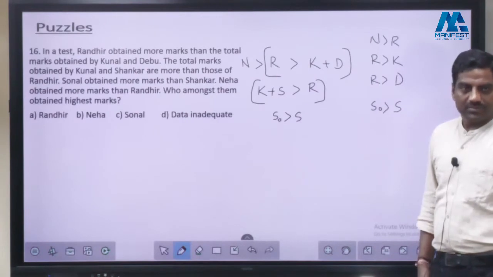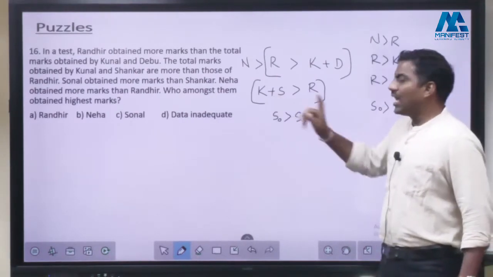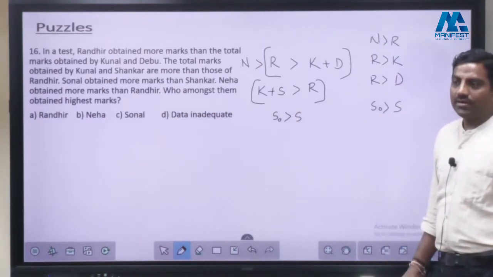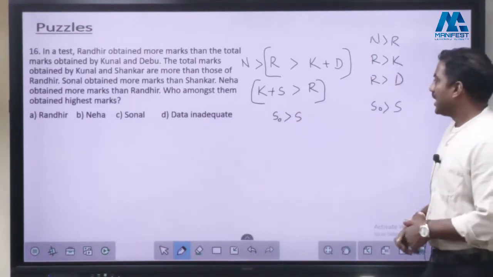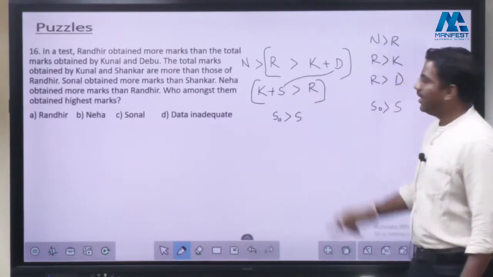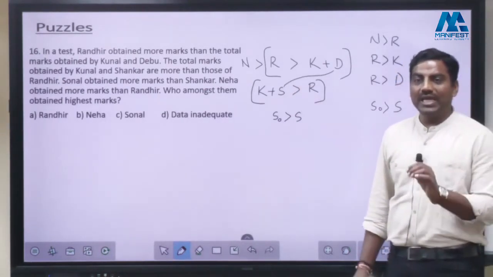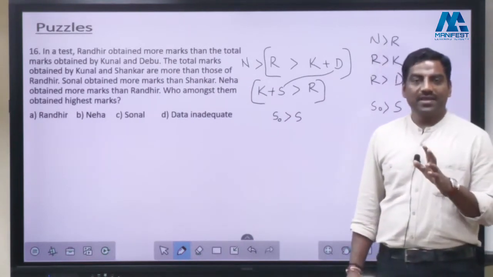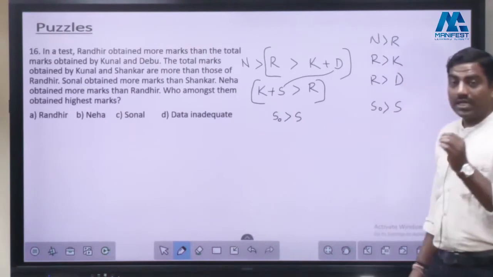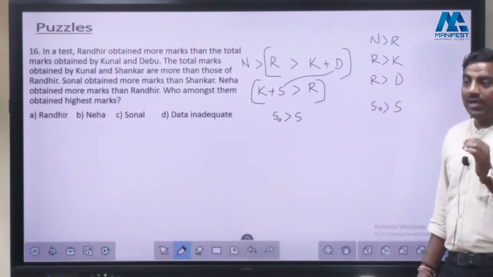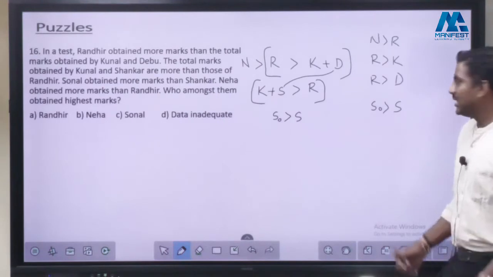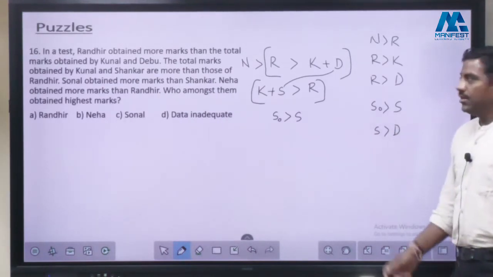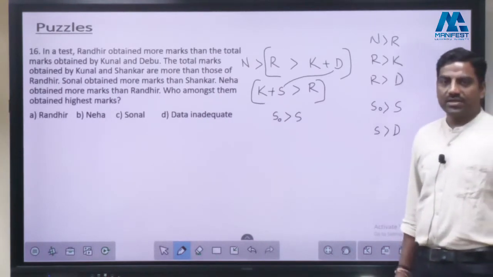But if Kunal is supported by Shankar, then they can. So, can I have a relation between S and D? Support of D for Kunal is not enough to cross Ranadhir. But support of S is helping Kunal to cross Ranadhir. So in that case, can I write S is greater than D?